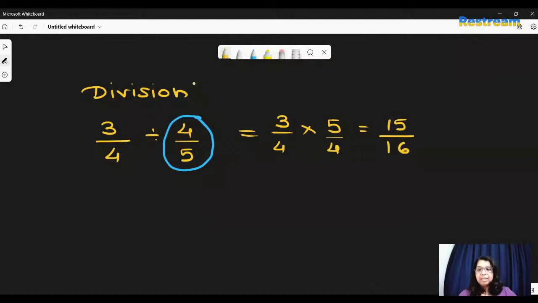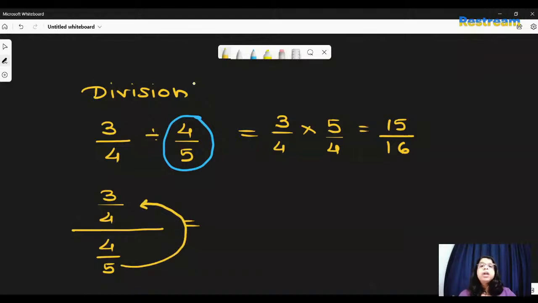Now why is it like this? Let's say we have 3 by 4 divided by 4 by 5, which looks like this: 3 by 4 over 4 by 5. The denominator of your denominator will always go and get multiplied with the numerator. So again it comes to the same thing: multiplied by 5, the whole over 4.